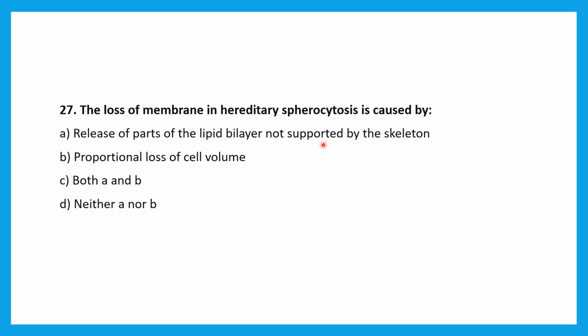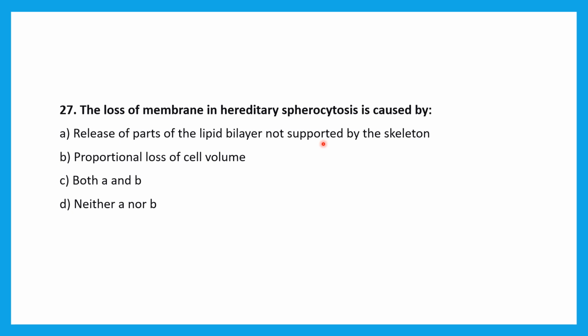After that uncoupling, there is the creation of unstable blebs of unsupported lipid bilayer. And these are lost and vesiculated as the cell travels through the circulation.